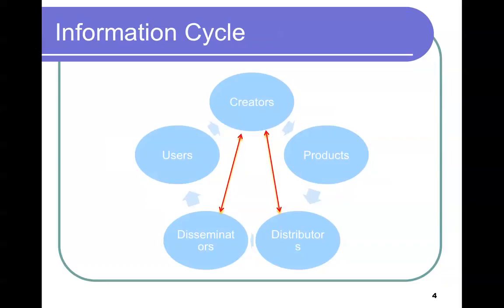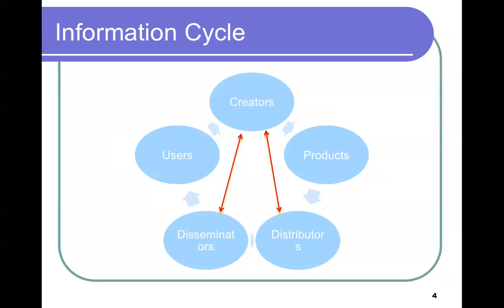To combine these two models, the cycle starts with creators. In oral format the creator will be a storyteller, in written print format the author, researcher, or journalist, and in the electronic format the programmer and database compiler. Once information is created, it will turn into a product.